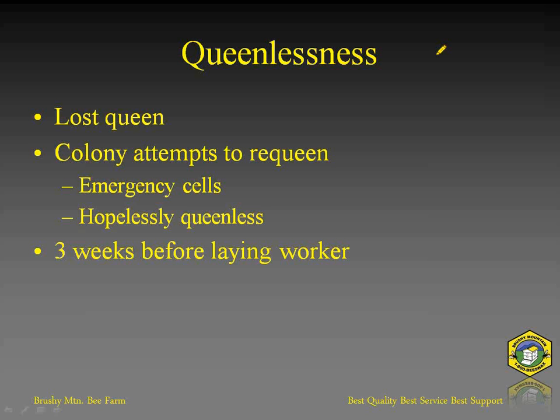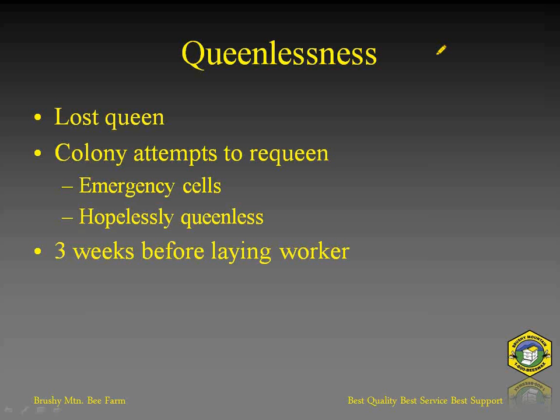If this queenlessness goes unrectified for whatever reason, they don't successfully raise out a queen, and as a beekeeper you don't detect the situation, they become what we call hopelessly queenless. In other words, all larvae are well past the age in which they could use those larvae for raising out a queen.